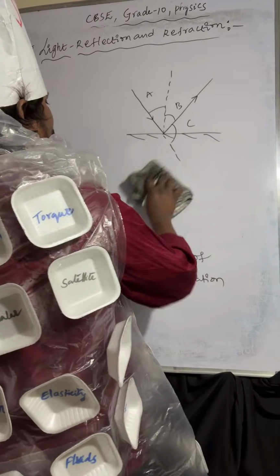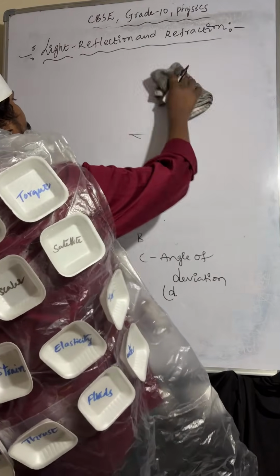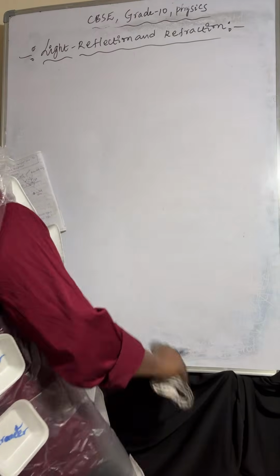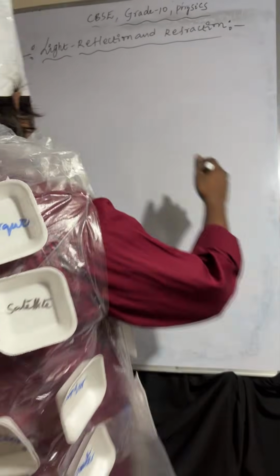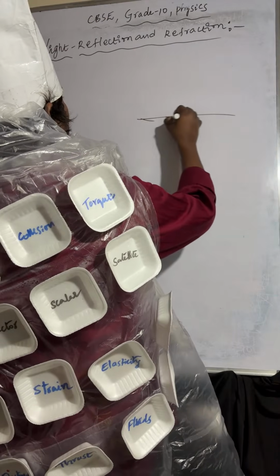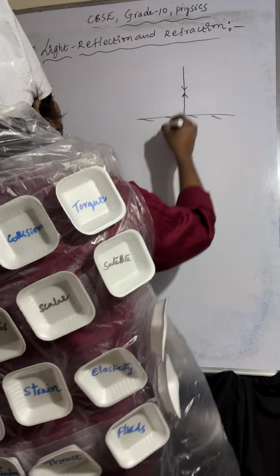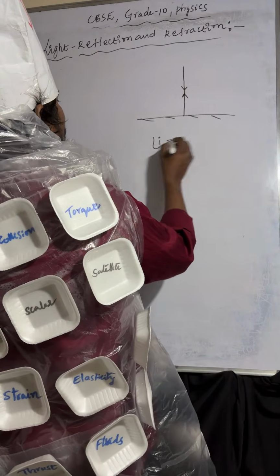So one more question. If the light ray is passing along the normal line, what is the angle of incidence? First one.